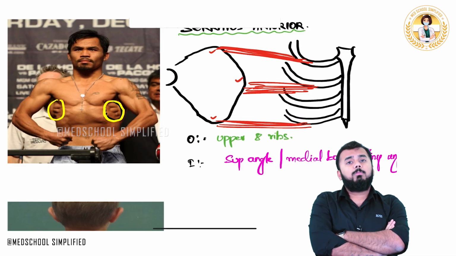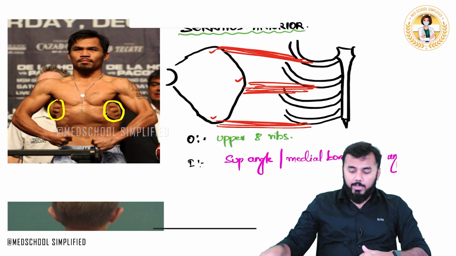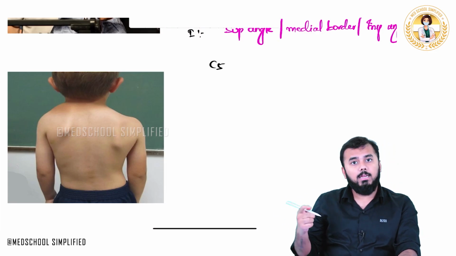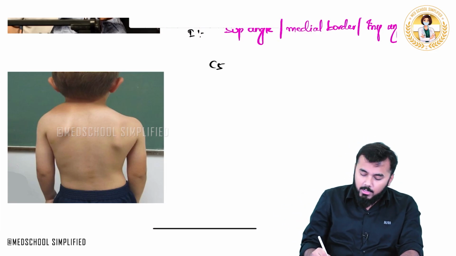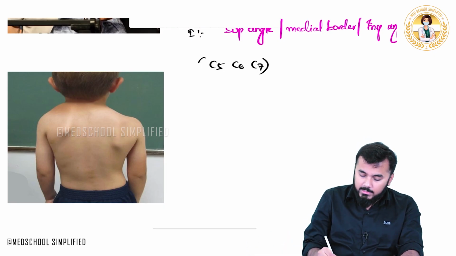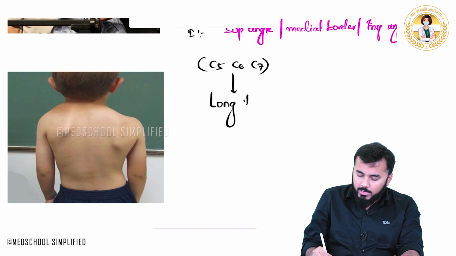From the roots C5, C6 and C7, a nerve will come, called the long thoracic nerve, and this long thoracic nerve will supply your serratus anterior muscle. When I discuss the brachial plexus, I will go into detail on this.